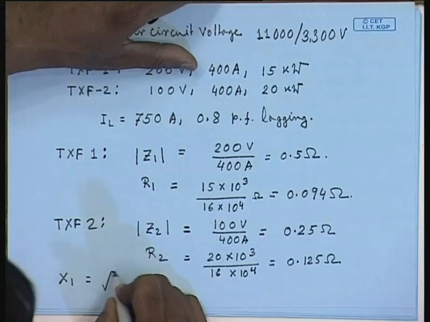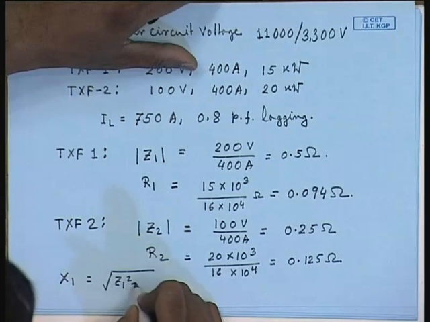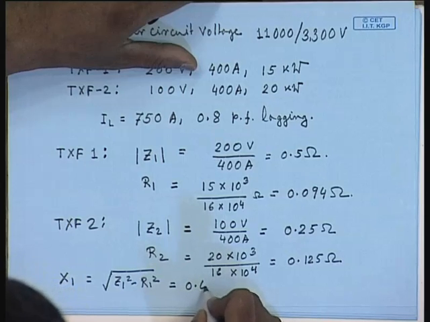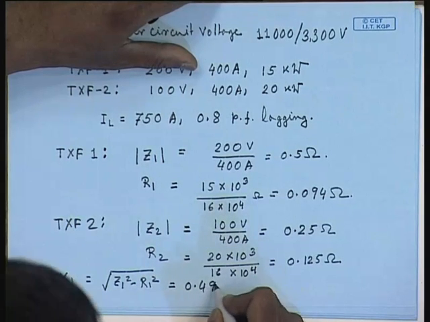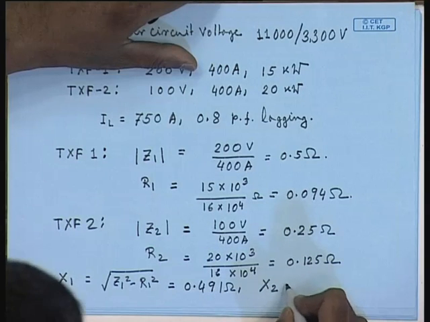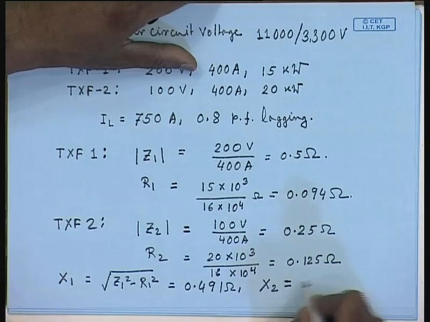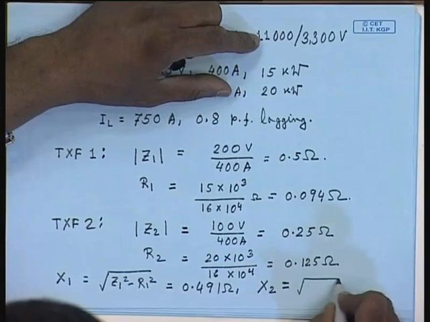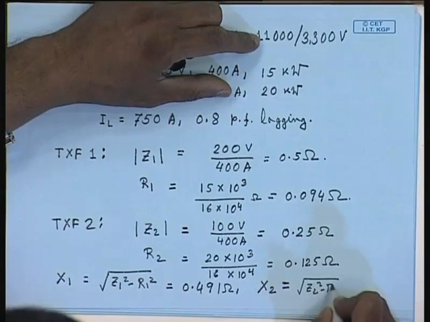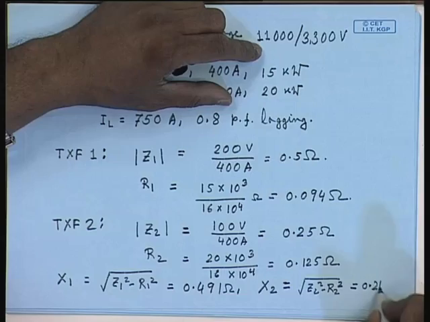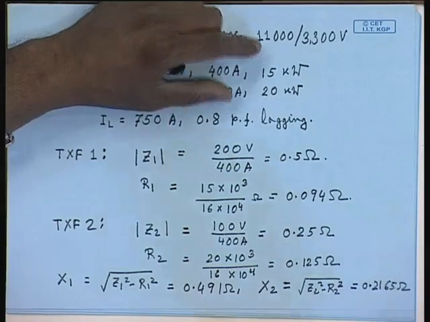Now, X1 equal to square root Z1 square minus R1 square equal to 0.491 ohm, X2 equal to square root Z2 square minus R2 square equal to 0.2165 ohm.